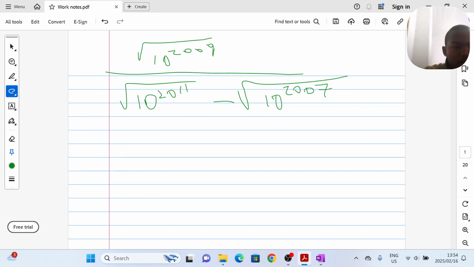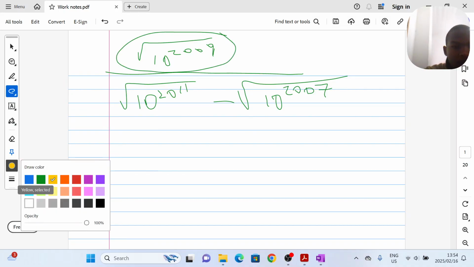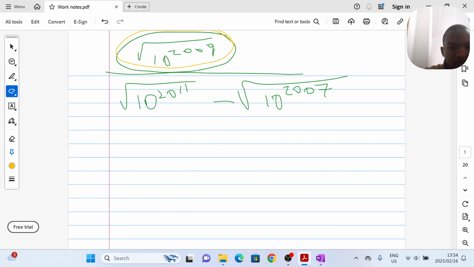So first of all, we want to change this to have 10 to the power 2007, and this to have 10 to the power 2007. So this is going to be the same as 10 to the power 2007, and how much do we need to add in order to get 2009?